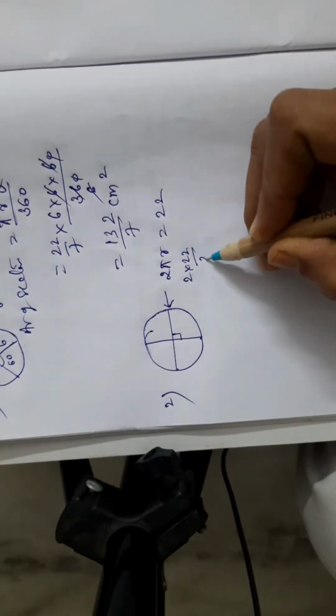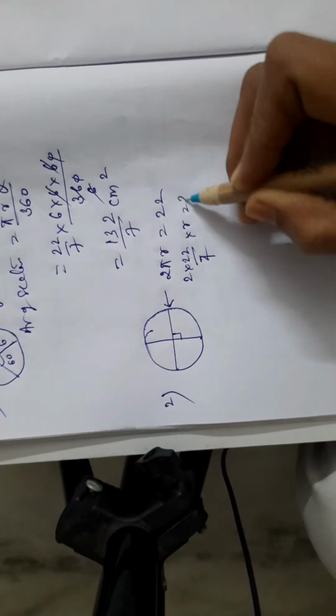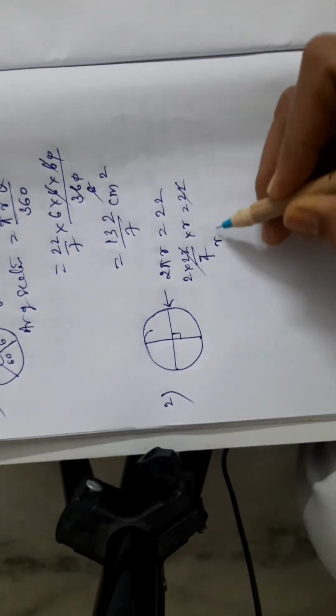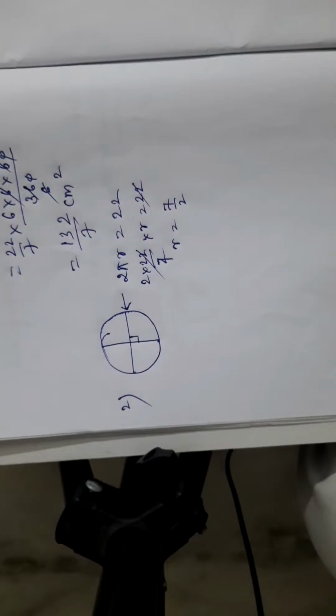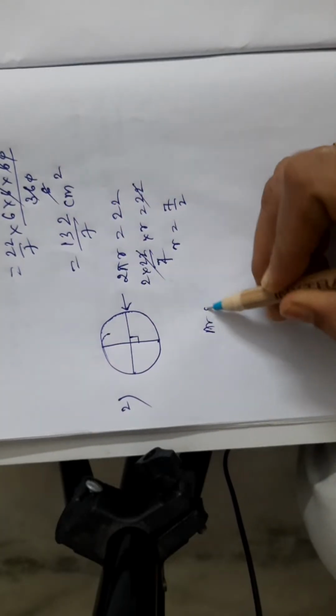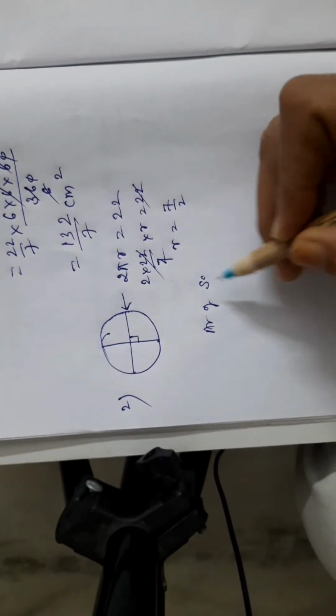So pi is 22/7. Radius is not given. 22 got cancelled, so radius is 7/2. Keep in fraction only, as they will get cancelled. Now the area of the quadrant we need to find.